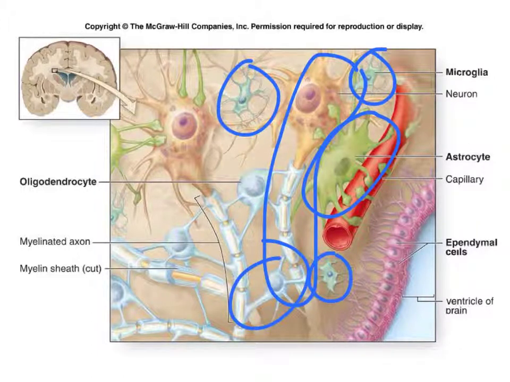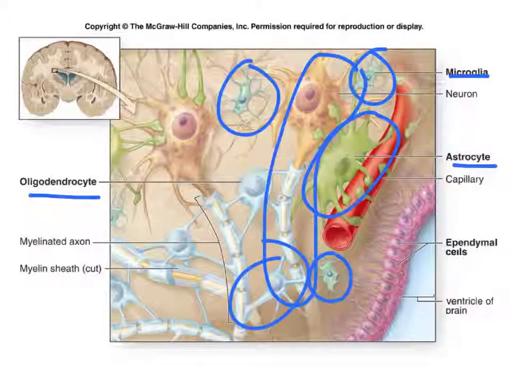These are just supporting cells that help ensure that the neurons send their signals as effectively and as efficiently as possible. I don't think you need to know what an oligodendrocyte is, or a microglial cell, or an astrocyte, but it is important to know that there are other cells in the nervous system.